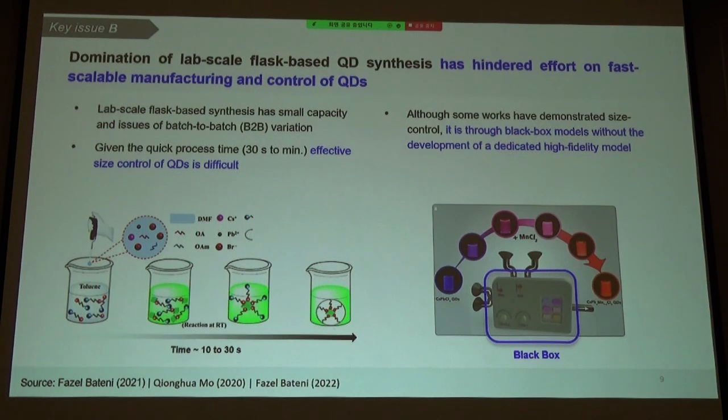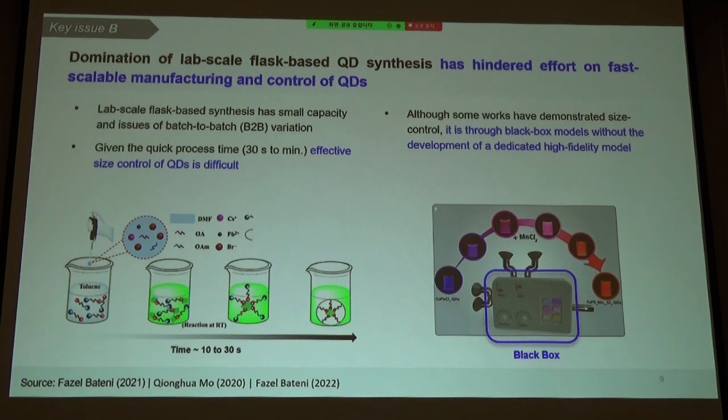So even though there has been some work trying to increase the throughput by developing different approaches, or even using tubular reactors and so on, primarily the approach focuses on black box models. What I mean by black box here is that they do not utilize any first principles.